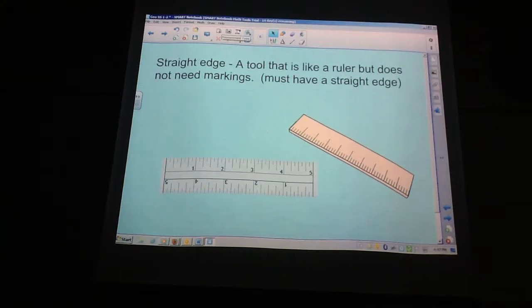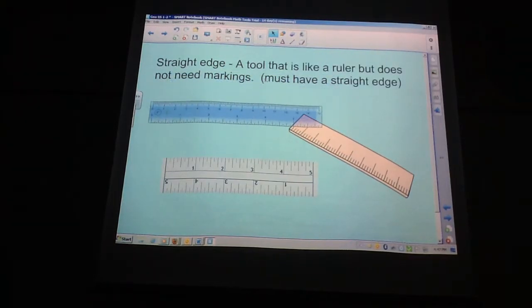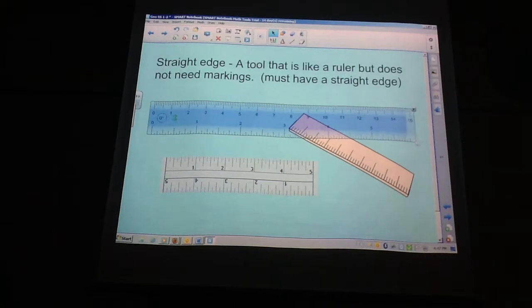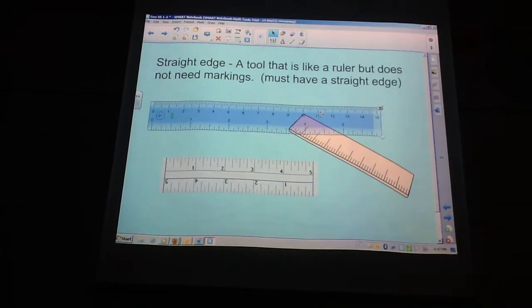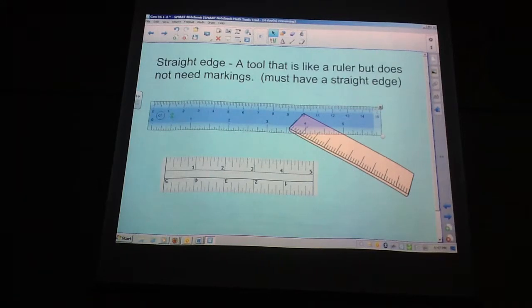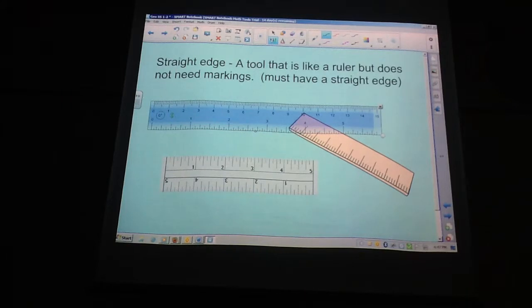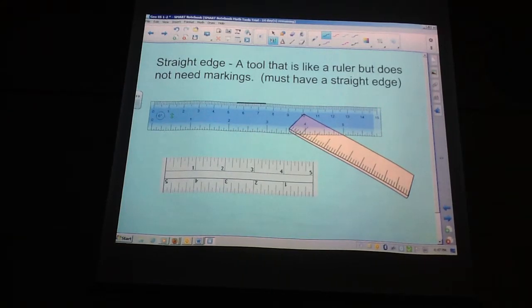So again, if you go up and click on the compass and go over to the ruler and click on that, then a ruler will appear, and you can make it bigger or smaller, just as big or small as you need it to measure or to mark your line as necessary. So you might go ahead and click on a pin if you've got your ruler out on your Smart Notebook. And as you notice, if you get that pin close to the ruler's edge, it marks a straight edge along that ruler for you.